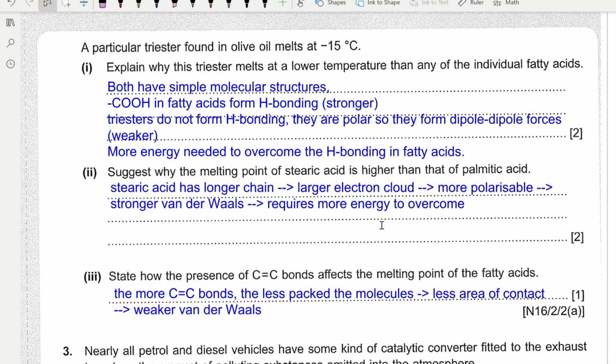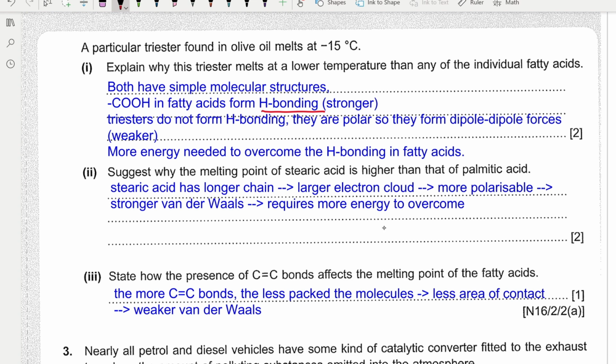So triesters and fatty acids both have simple molecular structures. Even though the fatty acids are sometimes a long chain, it's not composed of hundreds of atoms, so it's still considered a simple molecular structure. And there is a carboxylic acid functional group in fatty acids, so it forms hydrogen bonds, which are the strongest intermolecular force.